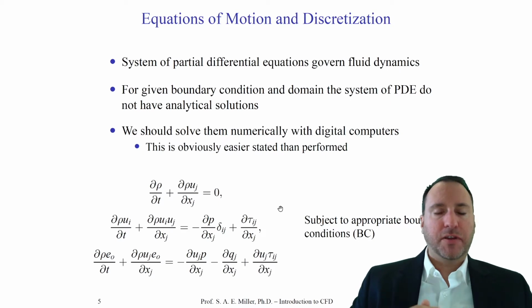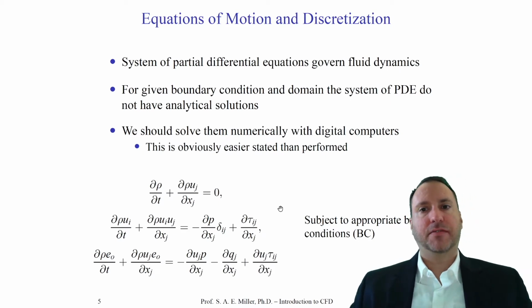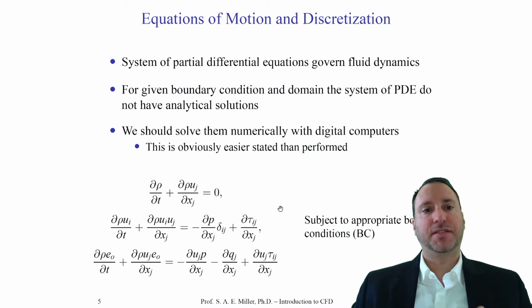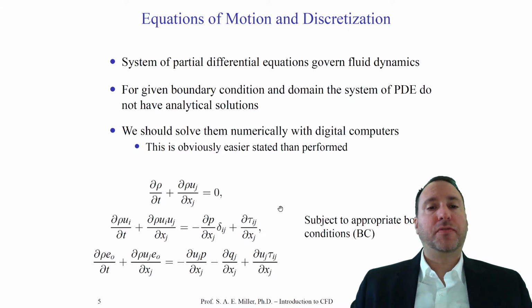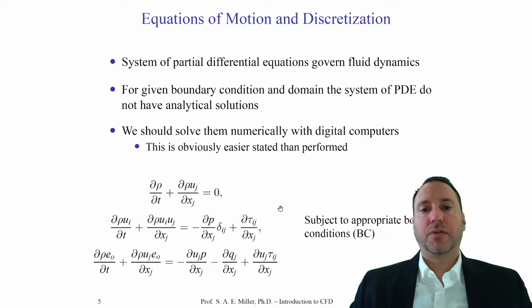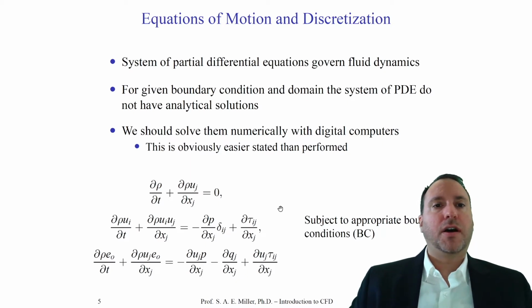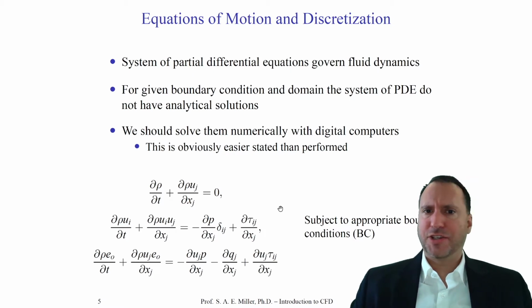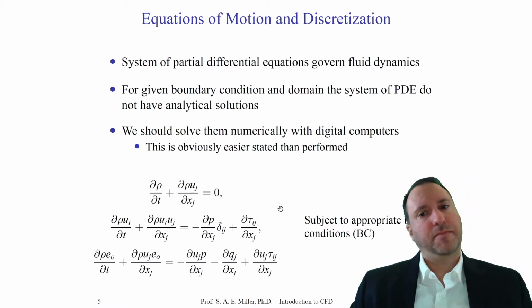So for a given boundary condition and domain, the system of equations may or may not have analytical solutions. We don't know if the solutions exist. We don't know necessarily if they blow up to infinity or not. Obviously in nature, we know they generally don't in a fluid, but mathematics is a different animal, so to speak.